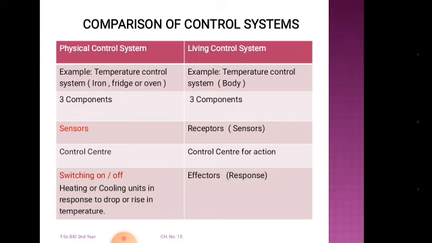Let's consider the example of a fridge and an iron, or an oven. Similarly, they also maintain a specific range in which they perform a specific function. They have a special structure known as the regulator that will maintain the homeostatic condition.